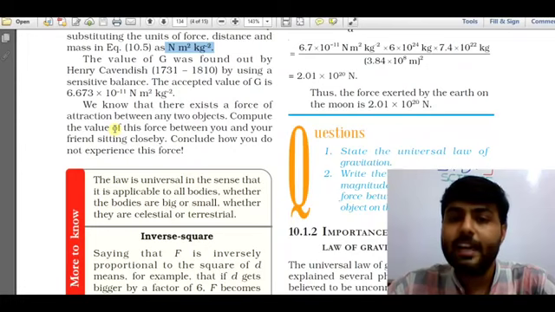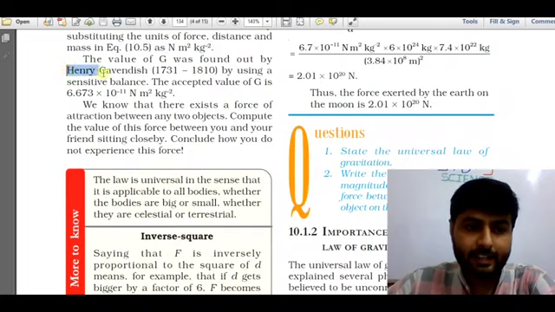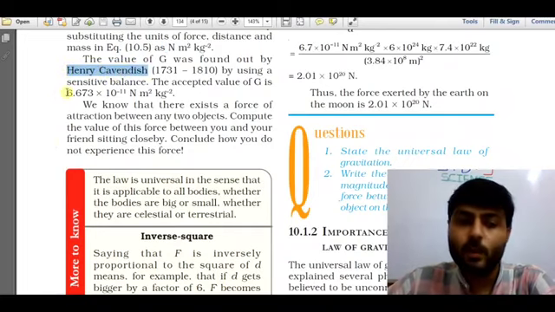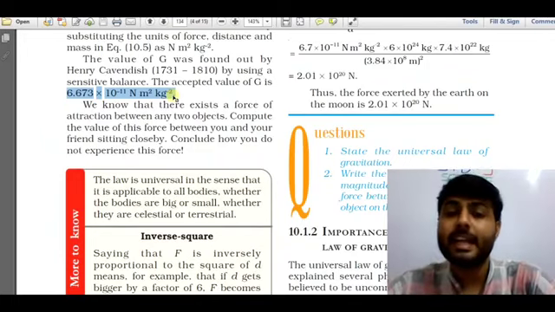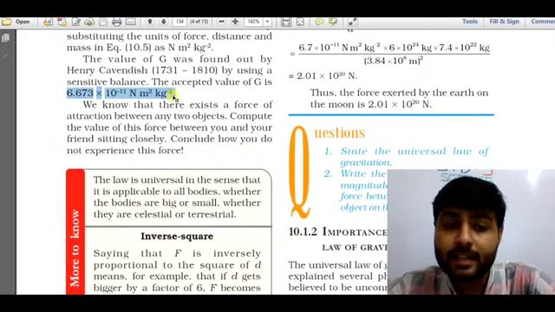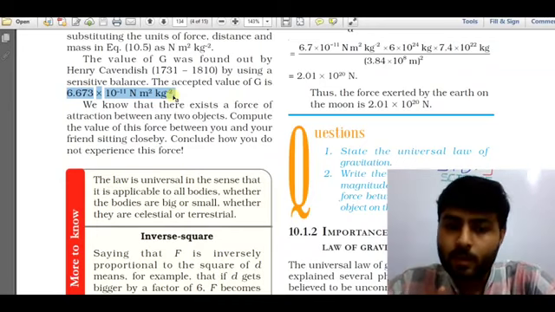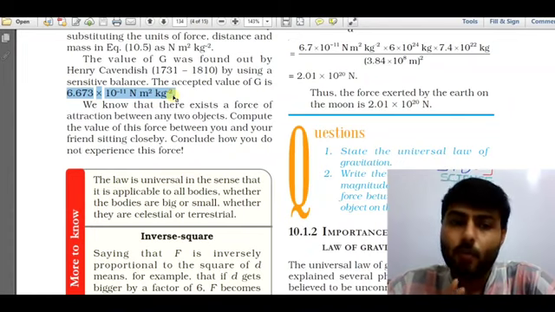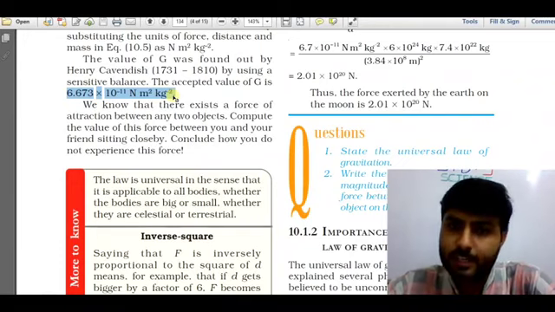Mark this name of Henry Cavendish, and also the accepted value of G, that is 6.673 into 10 raised to minus 11 Newton meter square per kg square.